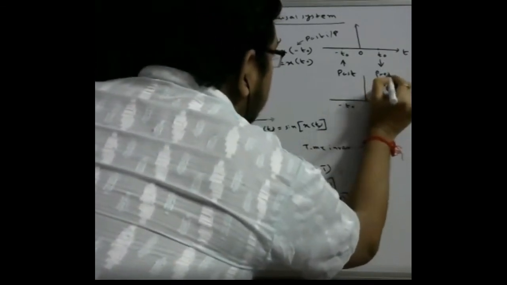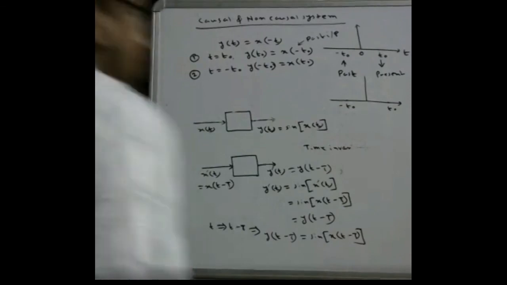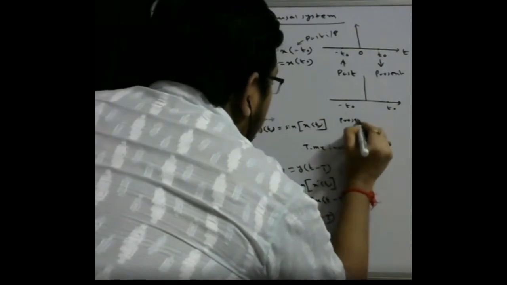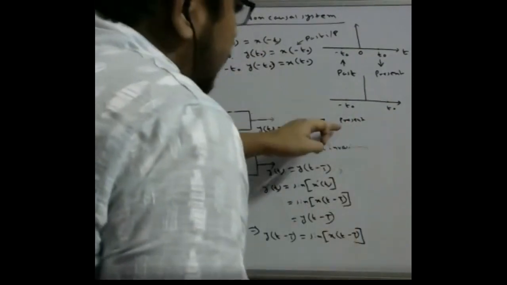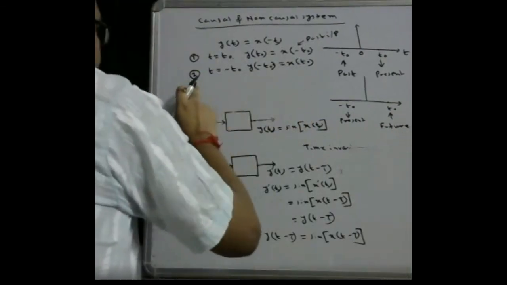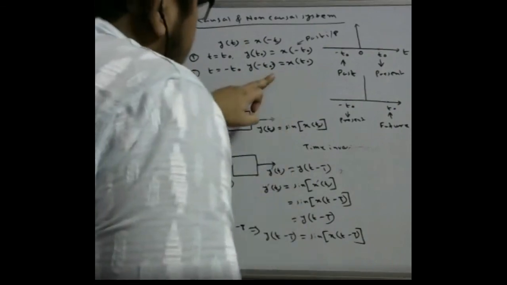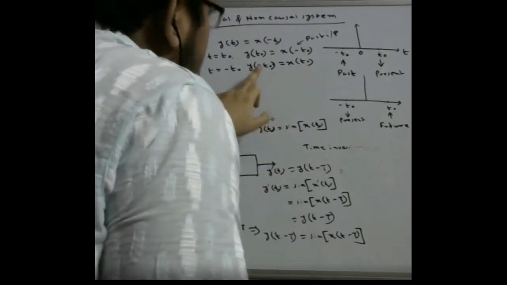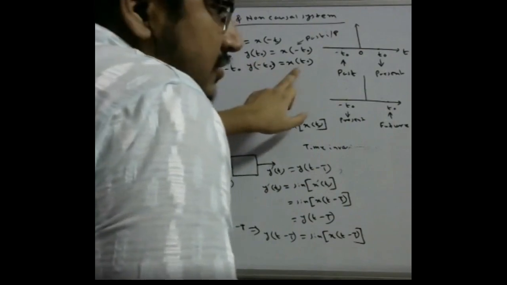Sorry, I forgot to mention it: if this is the present value −t naught, then with respect to it, t naught is the future. So for the second condition, the present output value depends on the future input.